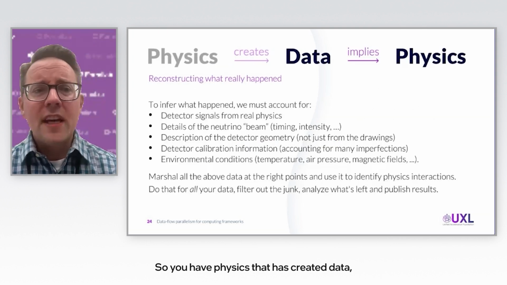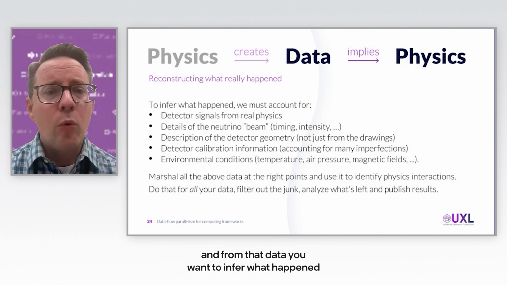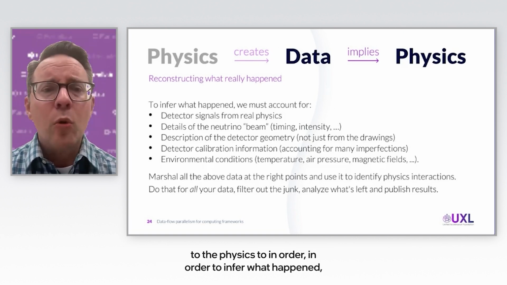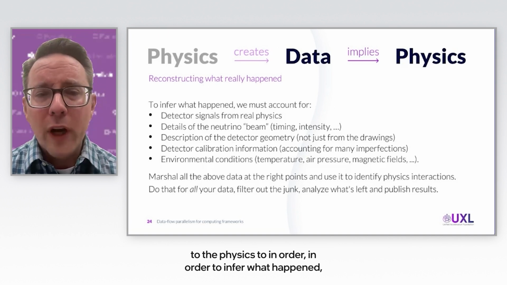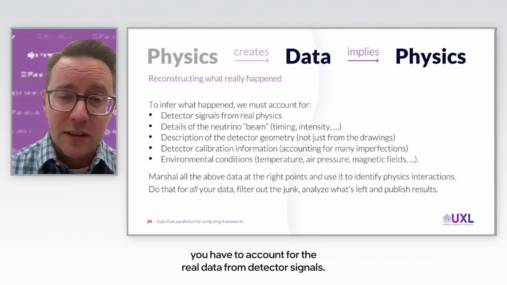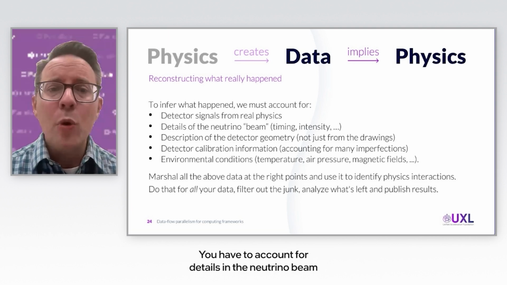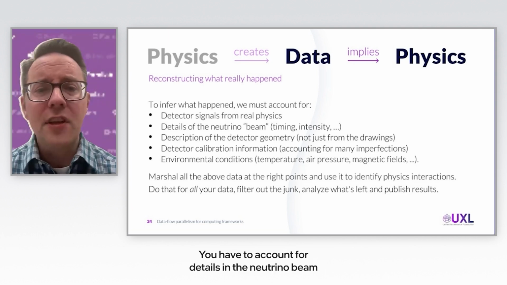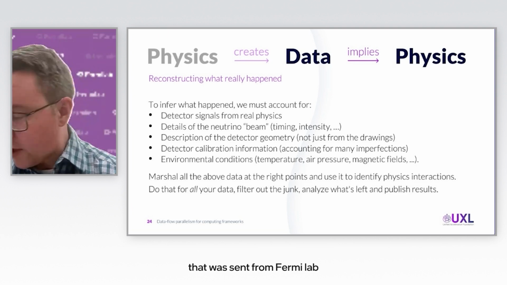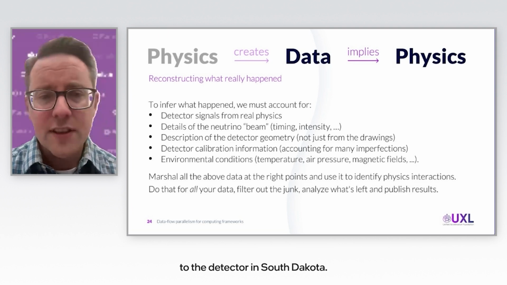So you have physics that has created data, and from that data, you want to infer what happened to the physics. In order to infer what happened, you have to account for the real data from detector signals, the detector signals from real physics. You have to account for details in the neutrino beam that was sent from Fermilab to the detector in South Dakota.